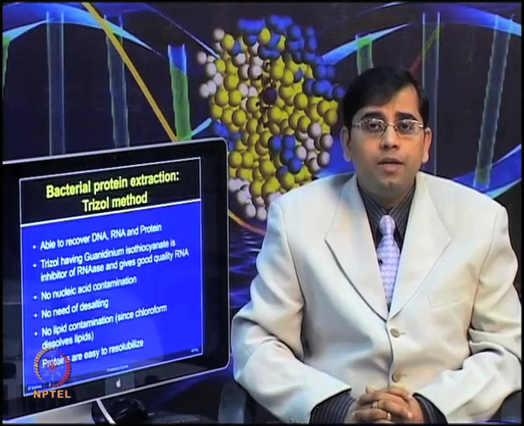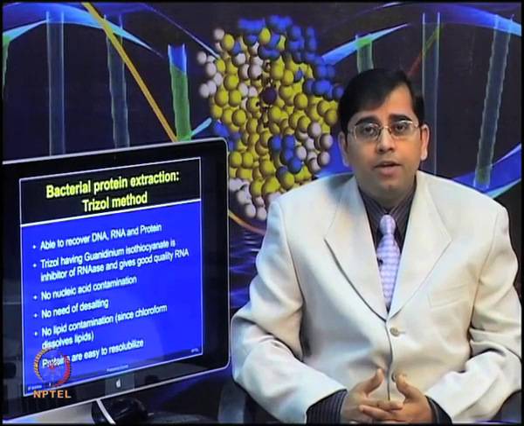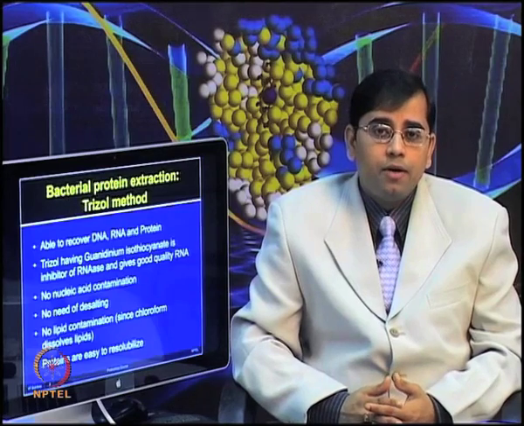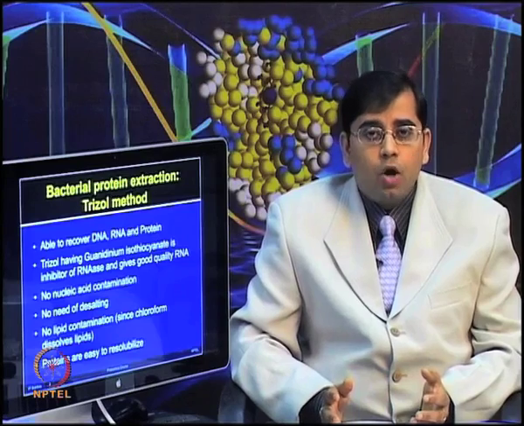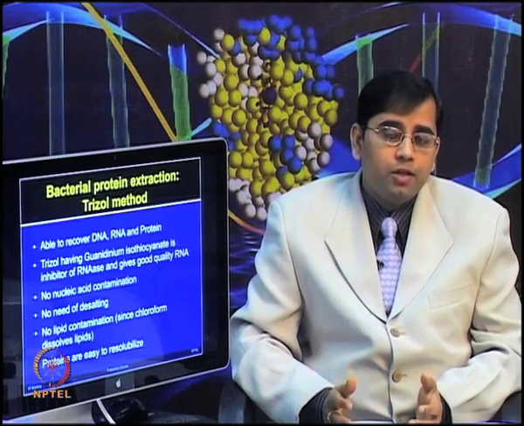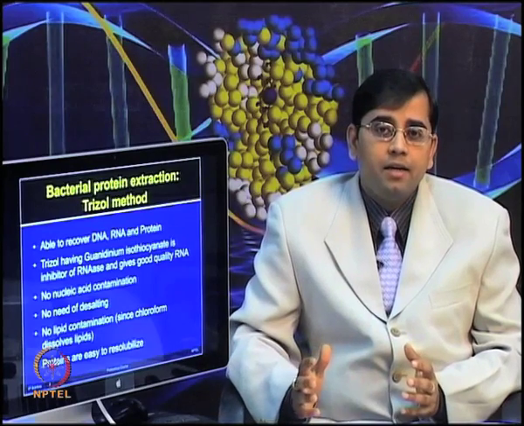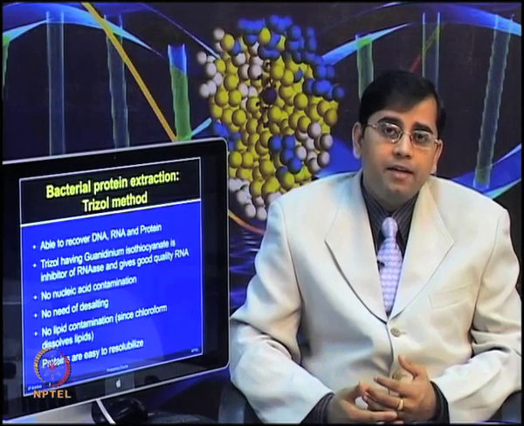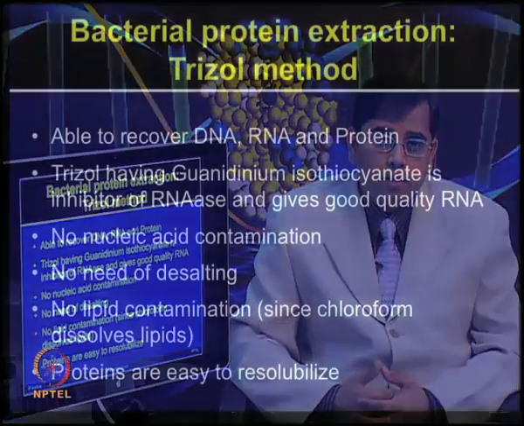So, why do we want to elaborate on the Trizol method? Because this method provides you an opportunity for recovering DNA, RNA and protein, all three major biomolecules, from the same sample. In the sequential extraction method, one can obtain DNA, RNA and protein all by using this method.